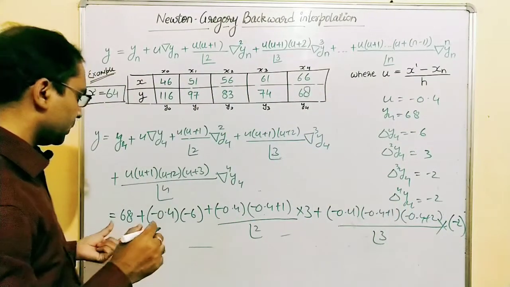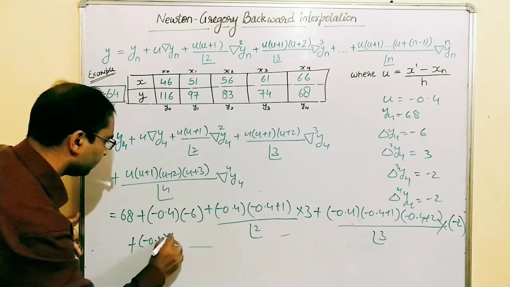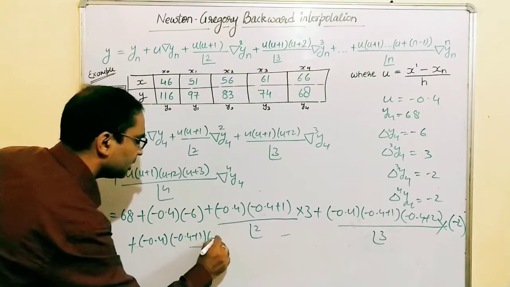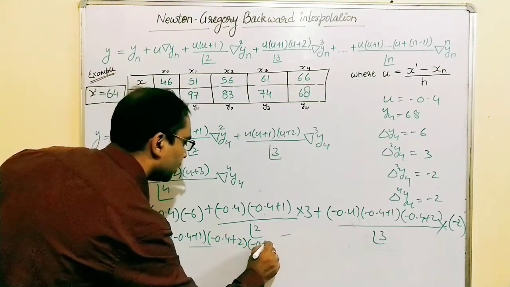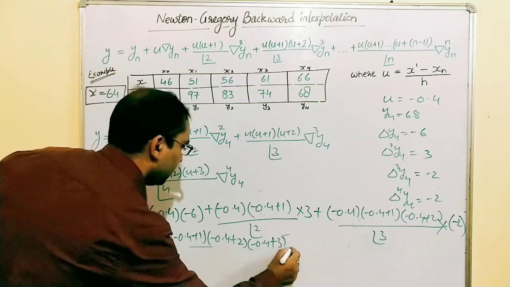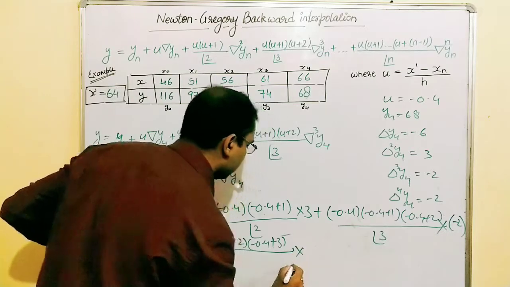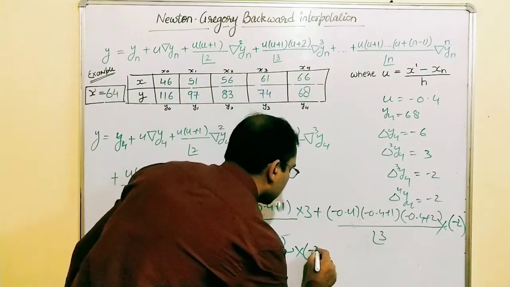Right, so this is the last term: minus 0.4, minus 0.4 plus 1, minus 0.4 plus 2, minus 0.4 plus 3, whole divided by factorial 4, multiplied by del 4 y4. So del 4 y4 is minus of 2.